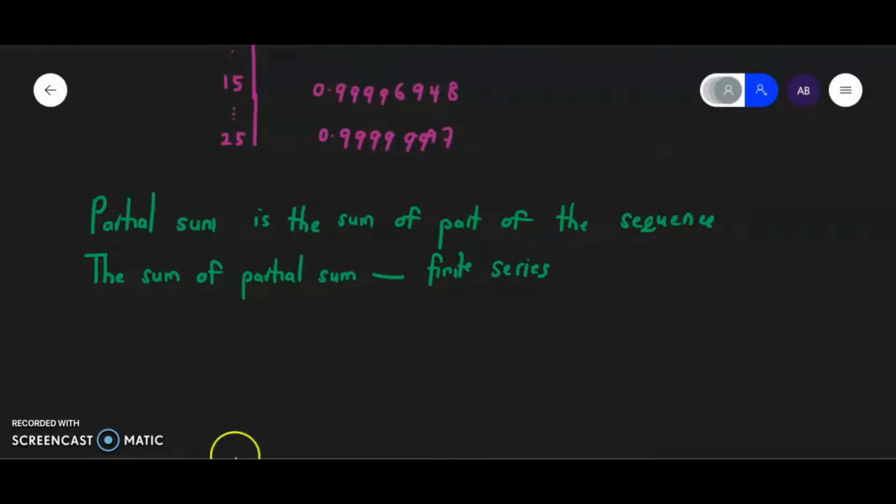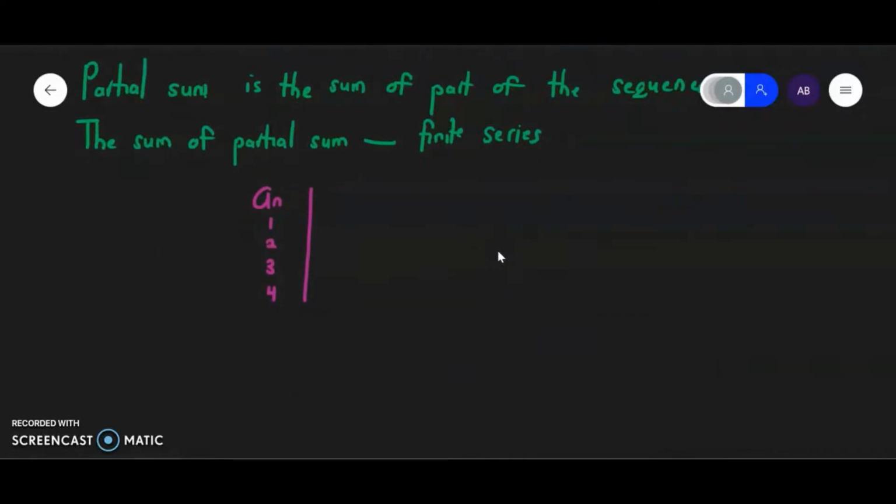Like what I've shown you before, let's say this is the an term: 1, 2, 3, 4, 5, 6, and so on. My partial sum is also denoted by Sn, where the first term is first. Now you add with 2, then 3.